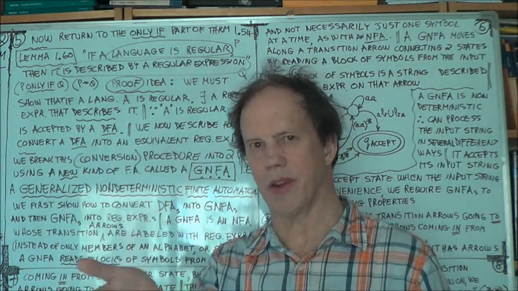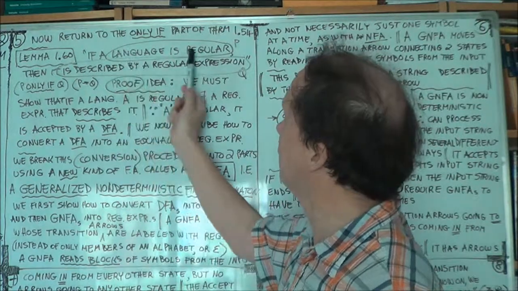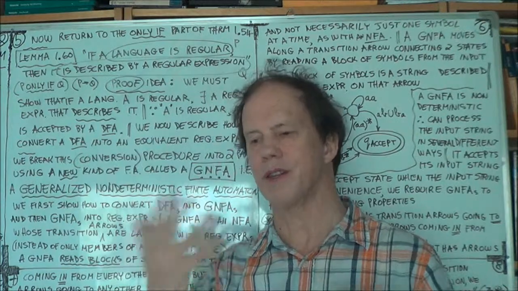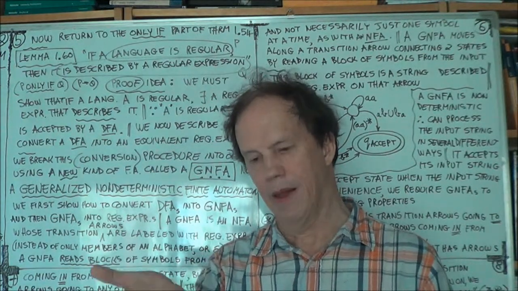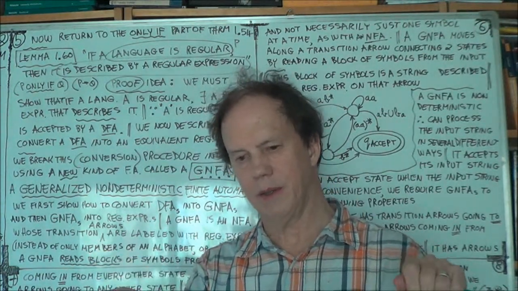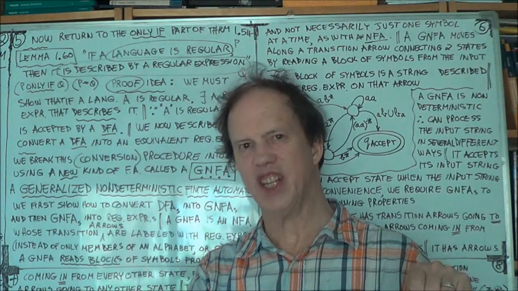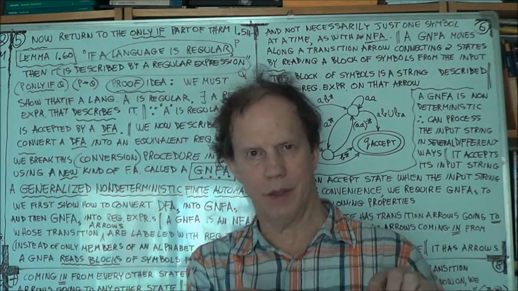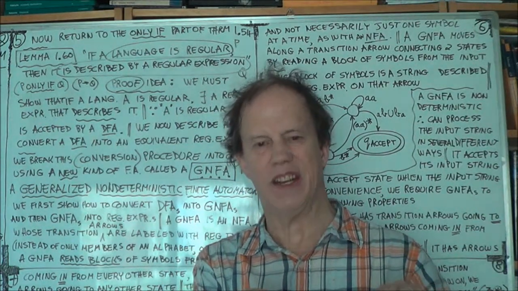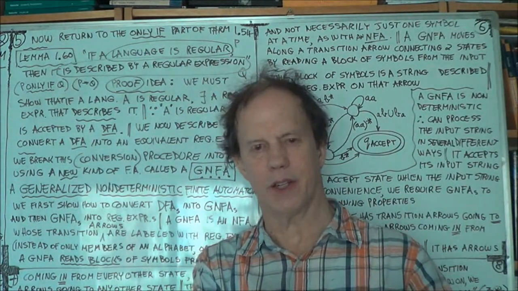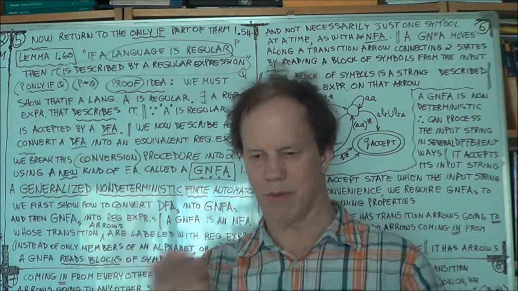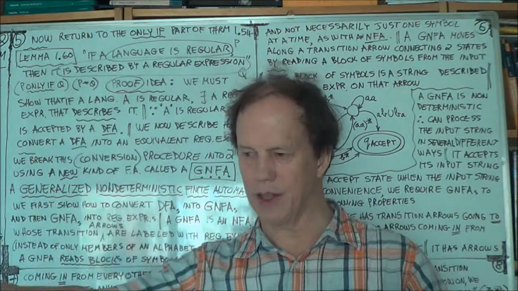We're told this language is regular. That's P. Therefore, it has a DFA that recognizes it. From that DFA, we convert it to a GNFA, the middle step. And then from that, it's much easier to convert the GNFA into a regular expression. So we had those three parts here.